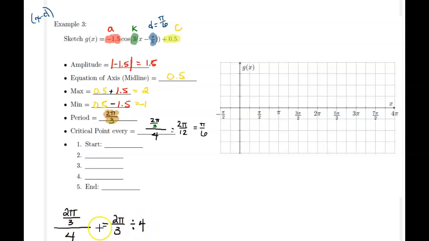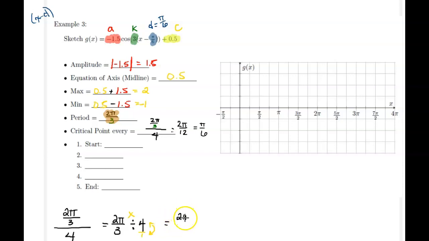Now I've got a fraction divided by something, and I don't like dividing fractions, so we're going to turn this into a multiplication. Because 4 is 4 over 1, since every whole number is always over an invisible 1, we flip that second value.